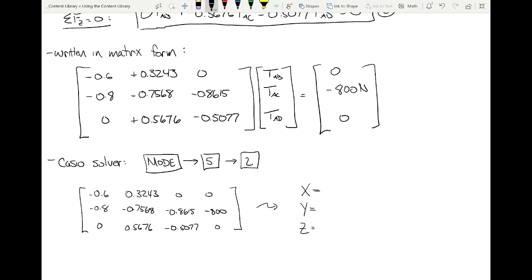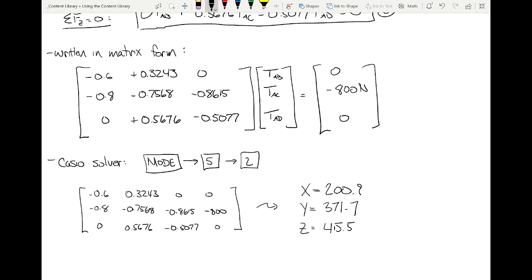Let's keep the precision low so that we all get the same answer. 200.9. What about Y? 371.7. 371.7. And how about Z? 415.5. All right, that's what I got.